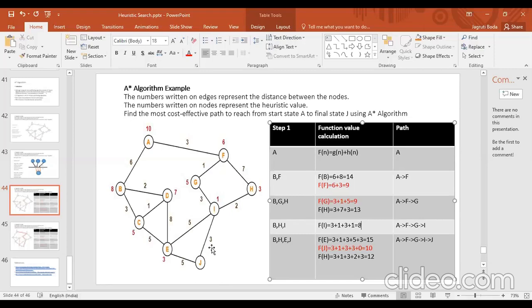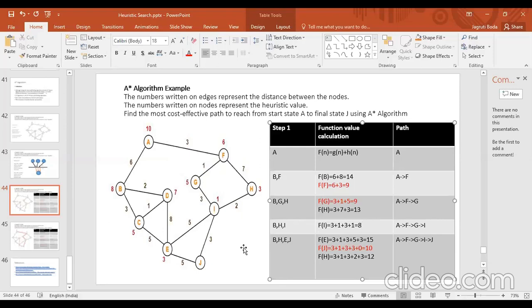So total cost of f of n is equal to 3 plus 1 plus 3 plus 5 plus 3, which is equal to 15. And in J, 3 plus 1 plus 3 plus 3 is equal to 12. J is the goal state, so that's why its heuristic value is 0.